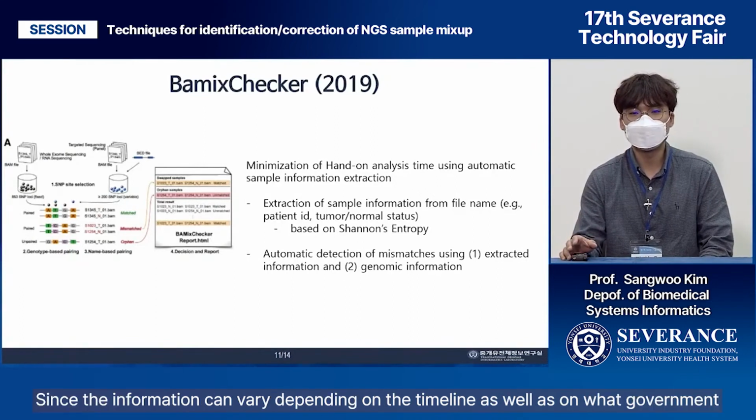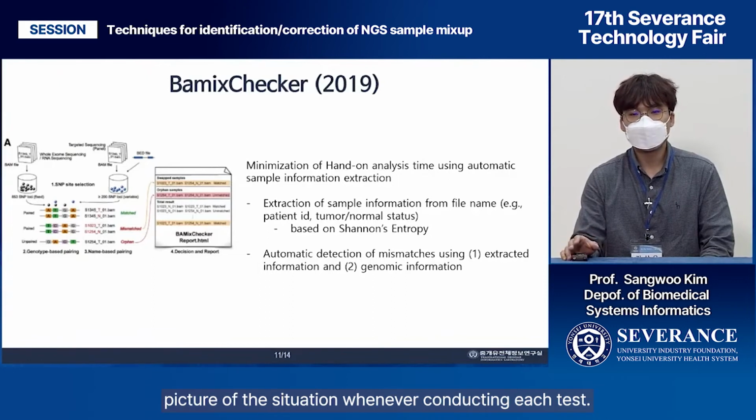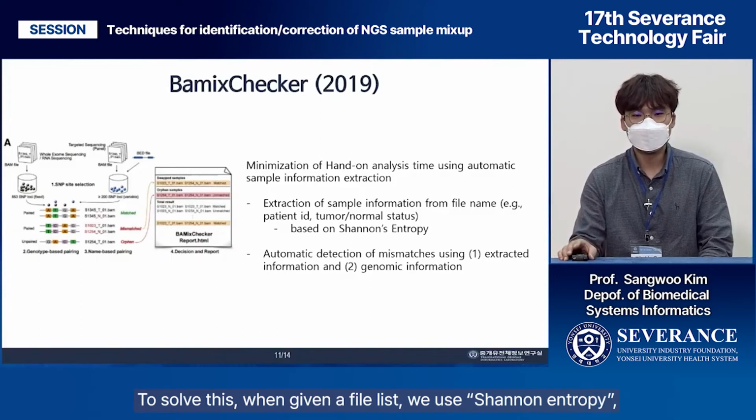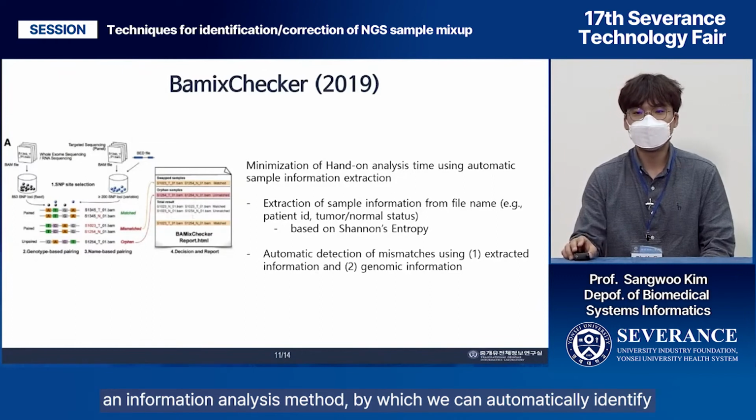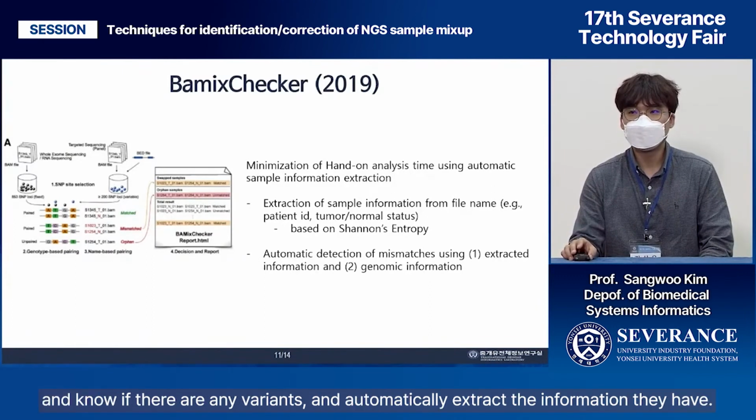Since this information can vary depending on the timeline, as well as on which government agency is in charge, we have to make sure to have a whole picture of the situation whenever conducting each test. To solve this, when given a file list, we use Shannon entropy and an information analysis method, by which we can automatically identify whether there are any variants and automatically extract the information they have.